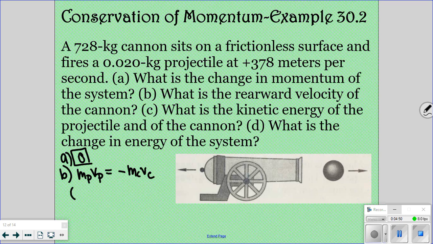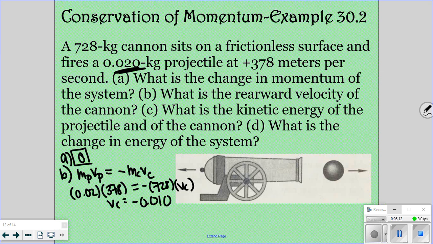So the mass is 0.02, and the velocity is 378, and then the mass of the cannon is 728, and we don't know the velocity of the cannon. So if you solve that, you get negative 0.010. And we have to have two sig figs because we have two sig figs in that number there. So meters per second are your units.